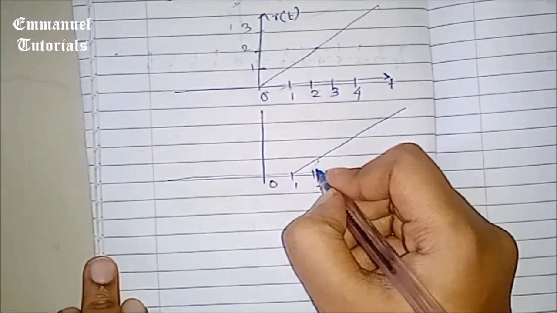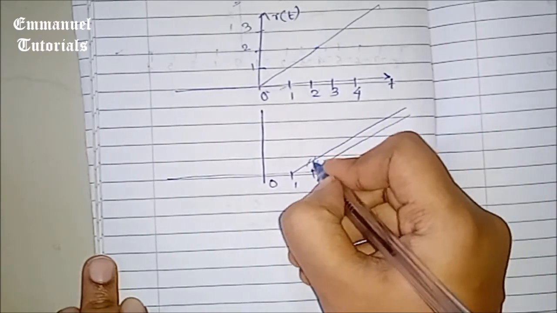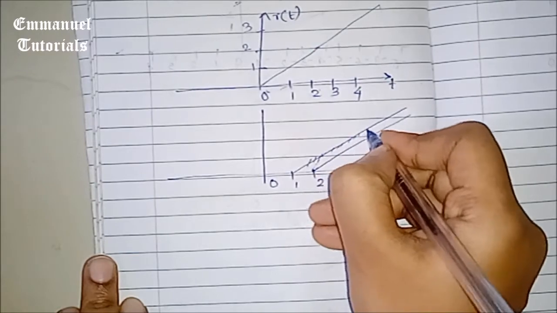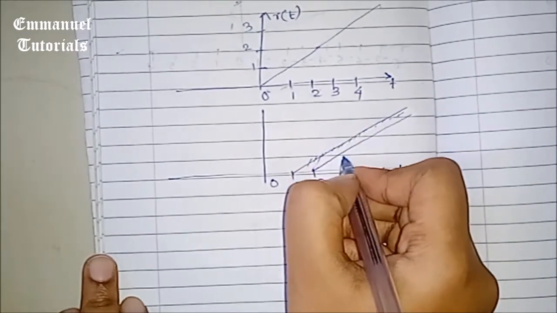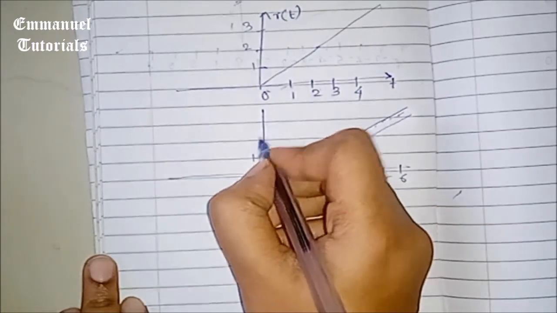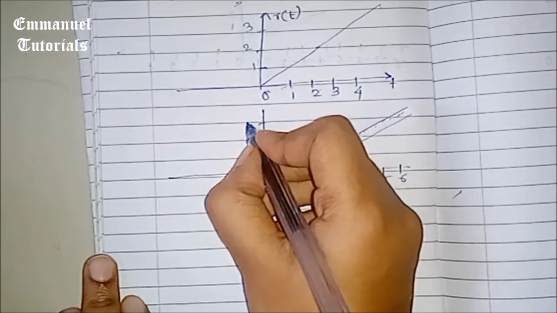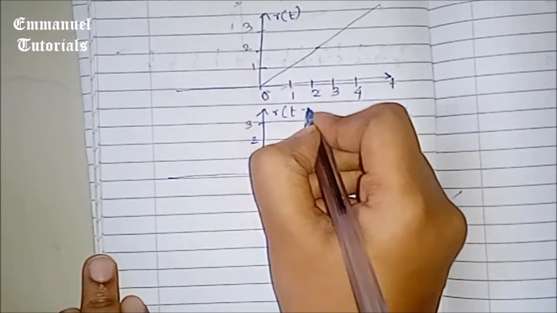Sorry, it should start from here. This is the signal. You can ignore this one. This is going to be the signal. So amplitude at 3 is going to be 1, at 4 is going to be 2, and so on. This is r of t minus 2.